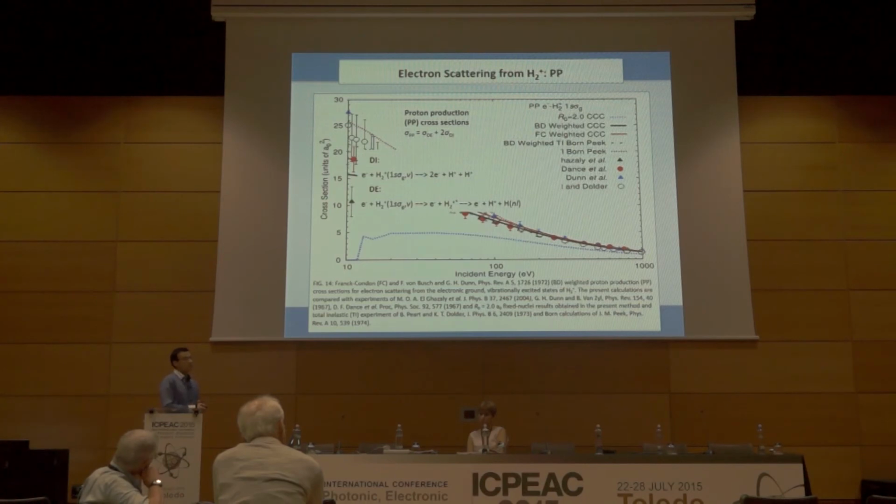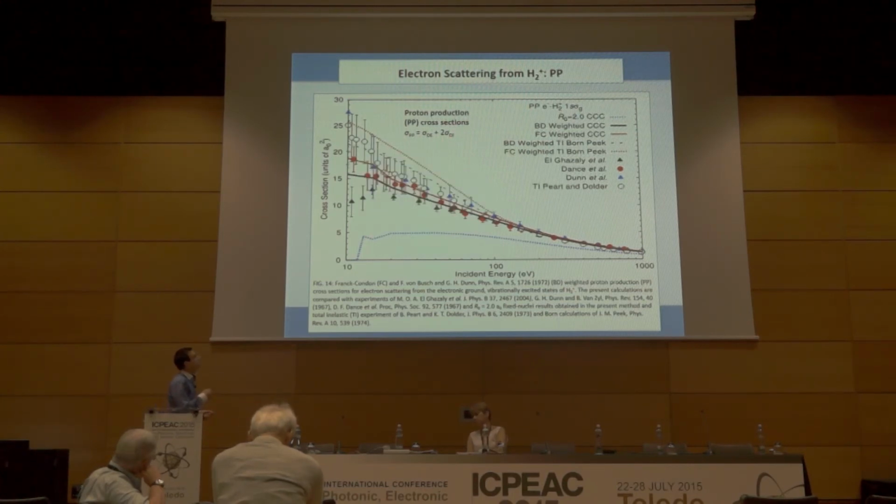Now onto proton production. So proton production again is the sum of dissociative excitation and dissociative ionization. And again, our fixed nuclei results are around 4 or 5 times lower than our vibrationally weighted results, which means that the dissociative excitation cross-section is very sensitive to the vibrational distribution. In the high energy region, we're in excellent agreement with all experiments and also with the first order calculations of Peek.